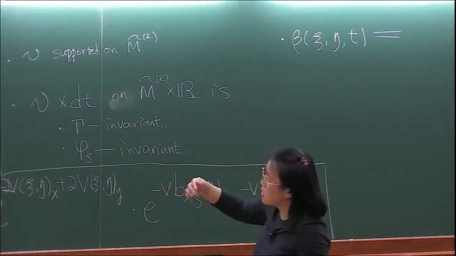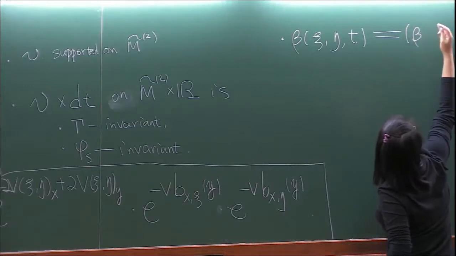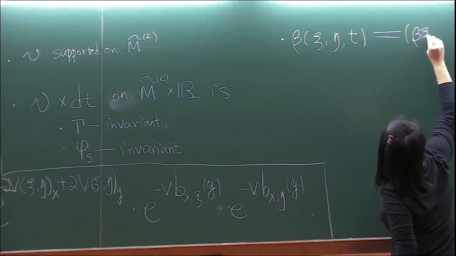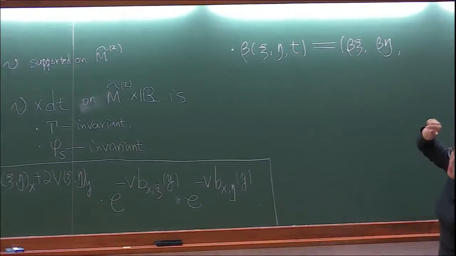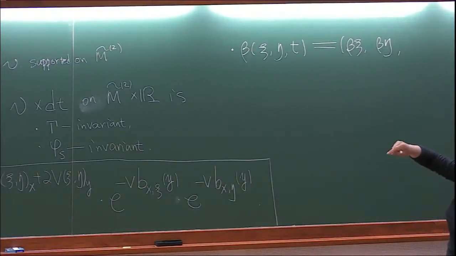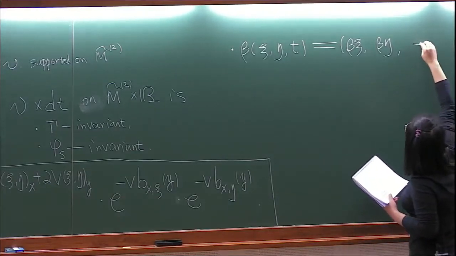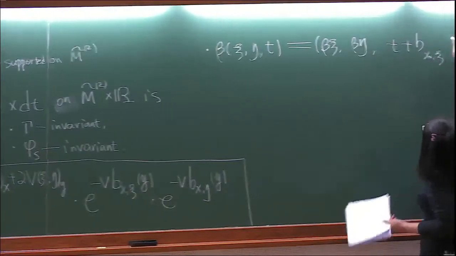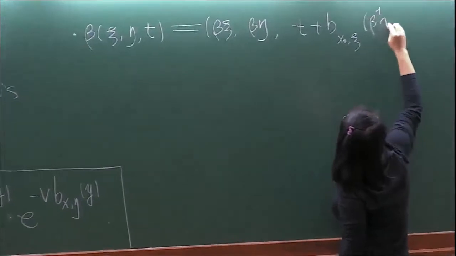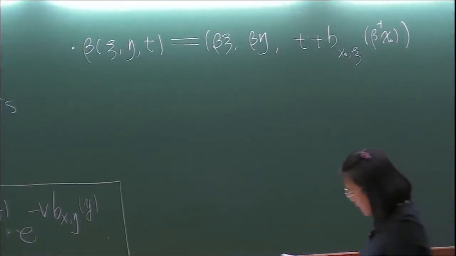You have here beta cos c, and here you have beta eta. But because the x naught is fixed, your reference point is fixed, you will have a shift in the third coordinate. So this is t plus bx naught cos c. Yeah, I checked this. Should be correct. It's what we said yesterday.